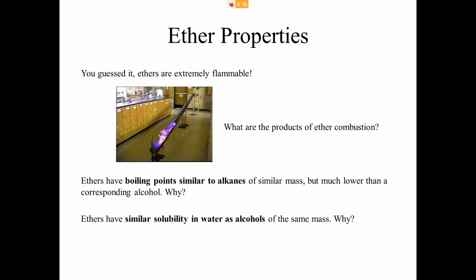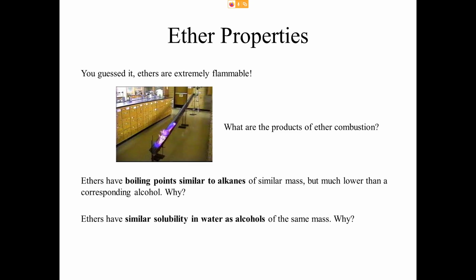So ethers have similar solubility in water as alcohols, but they don't have similar boiling points at all because they can't interact among themselves in that manner. But they can interact with water very well, just like alcohols can, but alkanes cannot. They're not soluble in water at all because they don't have an O to interact.